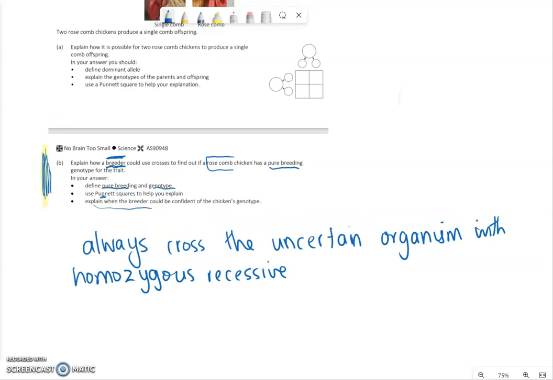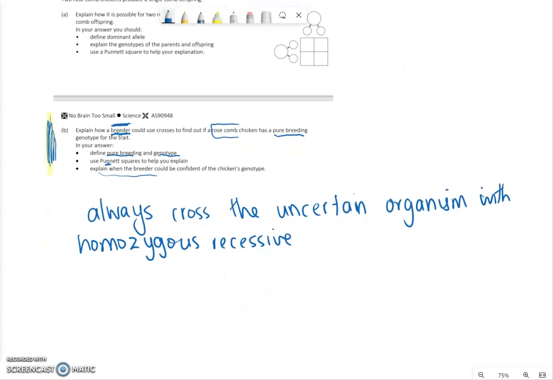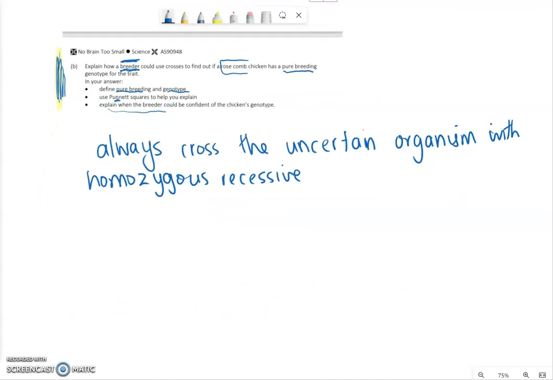Okay, so then we're going to use some if-then statements.